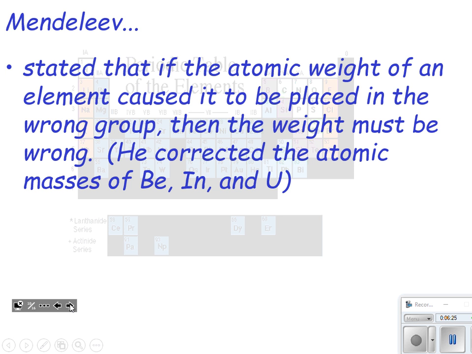And he corrected atomic masses. Look on your periodic table. I want you to find iodine, element number 53. Look at the atomic mass of iodine.